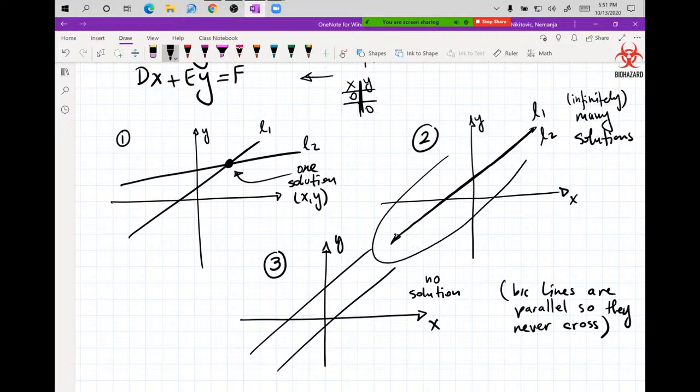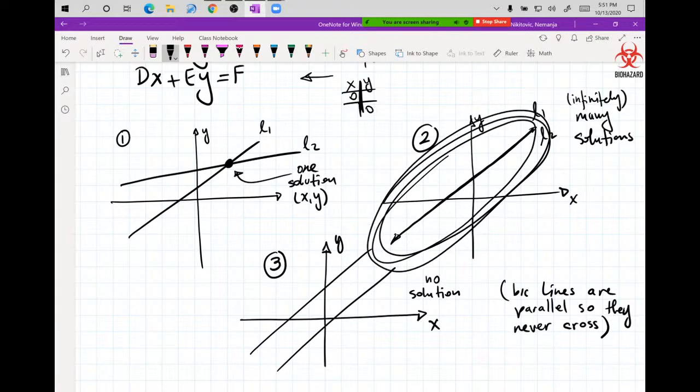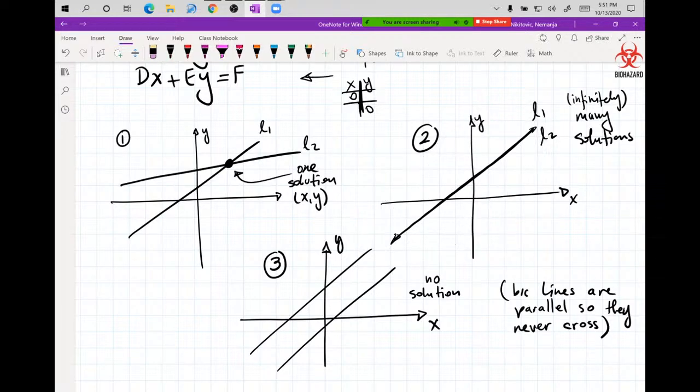Clearly, over here we're going to have infinitely many solutions because every point works in both lines, because one line is graphed on top of the other line. And finally, the third case, again, when lines are parallel, that means they're equally spaced forever, which means they will never intersect. And because they never intersect, we don't have a solution at all. So there will be a no solution case.